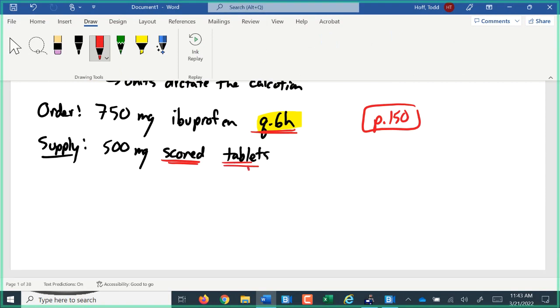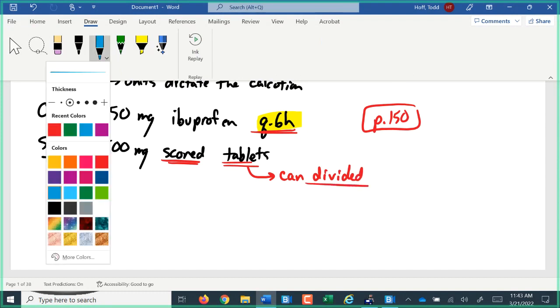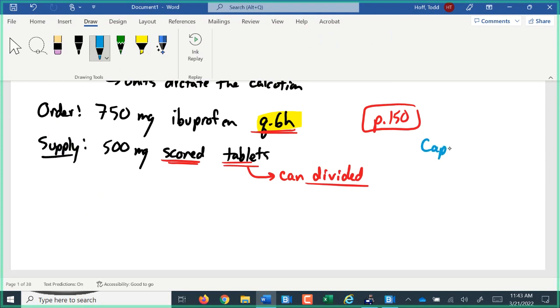Tablets mean, first of all, they can be divided. If it were to say capsules, capsules cannot be split. For a capsule, it's all or none.